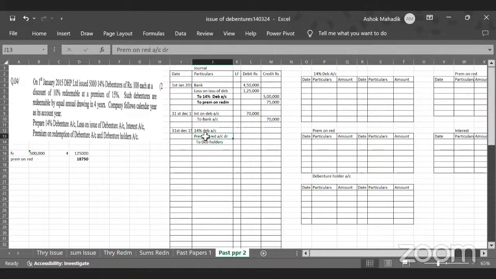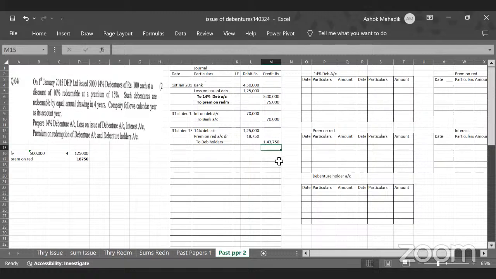So the amount of debenture we are going to repay is 1,25,000, that is 5 lakhs divided by 4. Premium on this we have to pay 15% extra, so 18,750. So the total amount will be 125,000 plus 18,750.